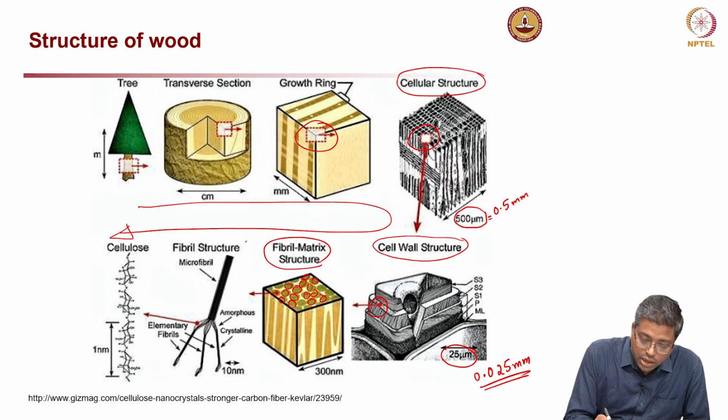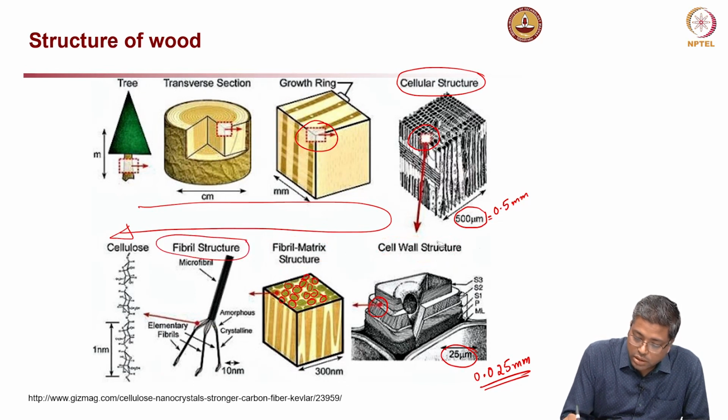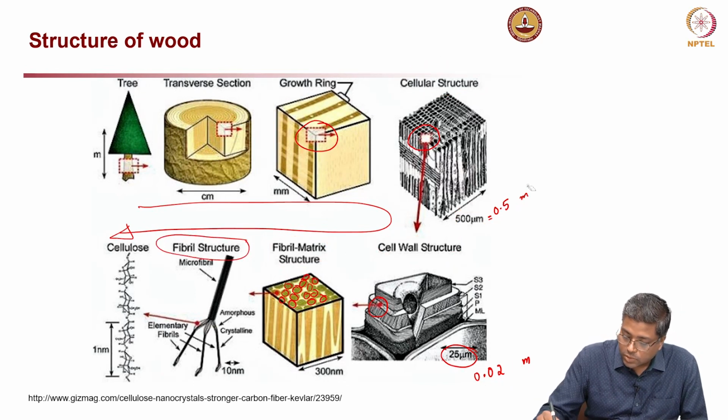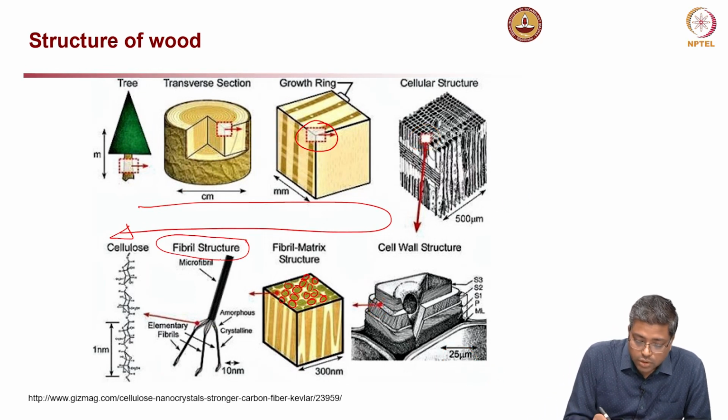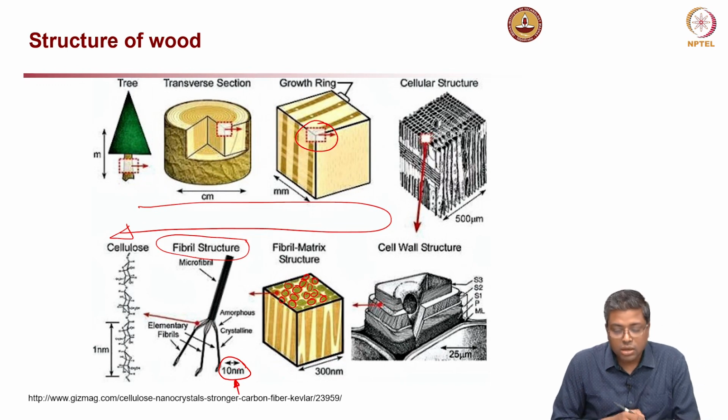Next image on the left side, looking at a fibril structure, you can see microfibrils and amorphous structure, crystalline structure depending on what type of tree it is. It is also very small, 0.01 millimeter. Sorry, this is nanometer. So, it is nanometer, very small, a 10 nanometer scale.